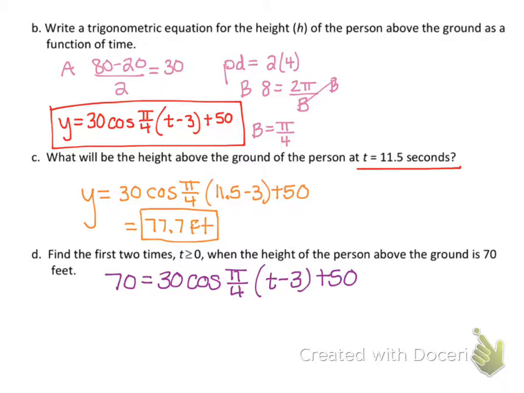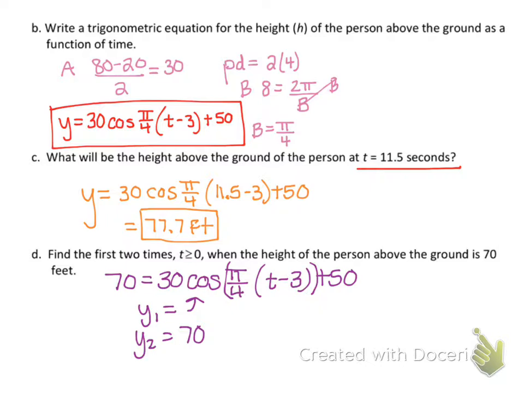So you need to graph and set the window accordingly to make sure that you can see from 0 to, in this case, a 10 would probably just be safe. So to do that, in y1, I want you to put this function all in, and again, radian mode, and then put your extra parentheses right here when you plug it in. And then y2 is going to be 70.